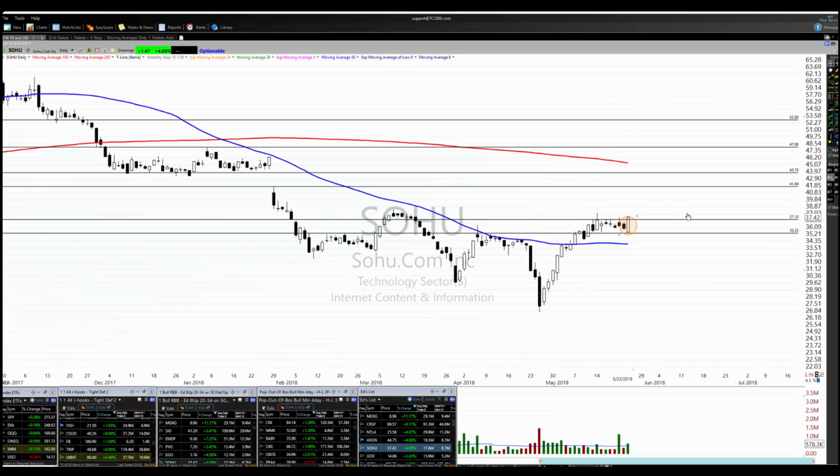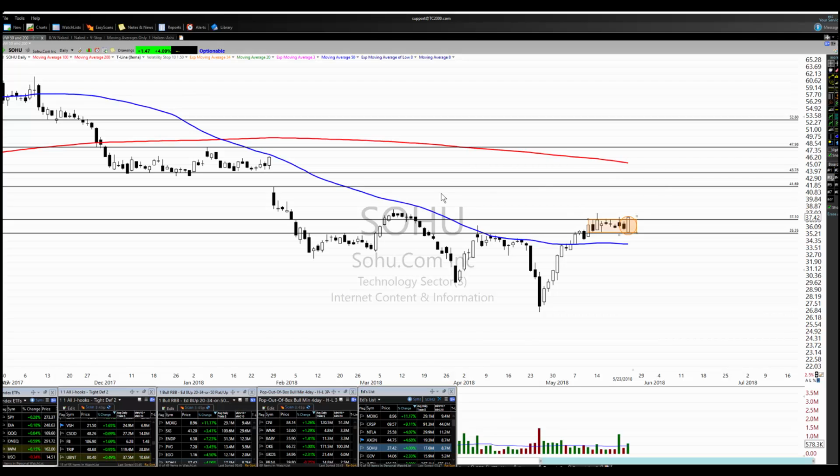Sohu's one, it's basically the same story. This one is a rounded bottom breakout. So we've broken out today on a bullish engulfing signal of this consolidation after a strong run up and a rounded bottom breakout.